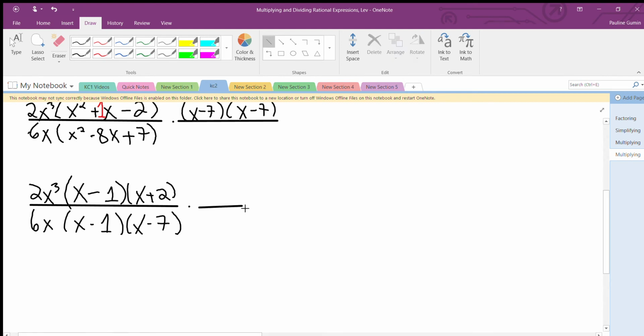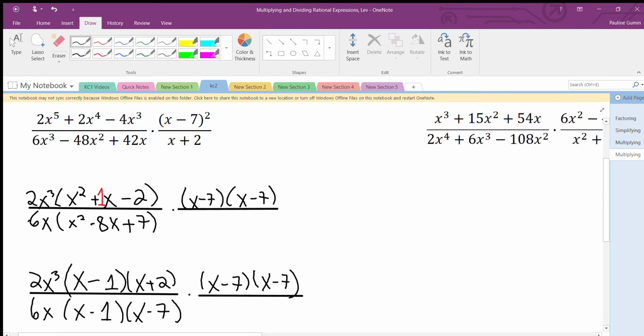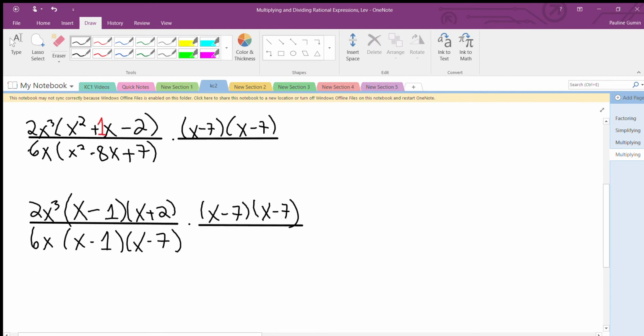Let's make this horizontal line. And I'm going to write x - 7 twice, because there's really nothing more I can do. All right, let's look at the bottom of fraction number 2, x + 2. Oh, how wonderful. We cannot factor that any further.